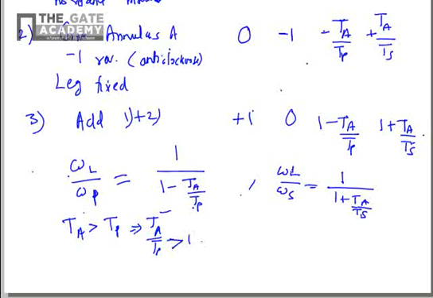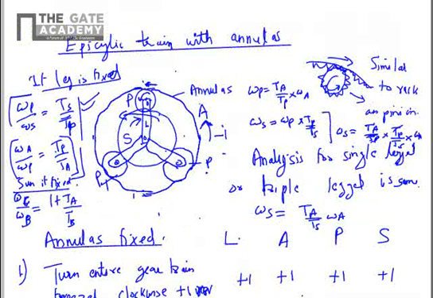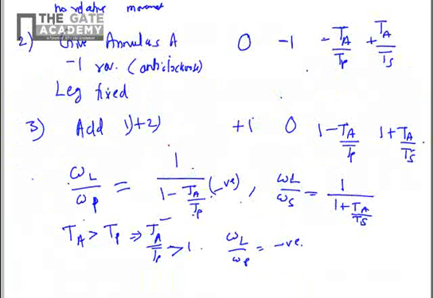So this quantity 1 minus Ta by Tp will be negative, and hence omega L by omega P will be a negative quantity. So hence the sense of rotation of L will be opposite to the sense of rotation of P. If P is moving anti-clockwise, L will rotate clockwise. This is an important observation here.